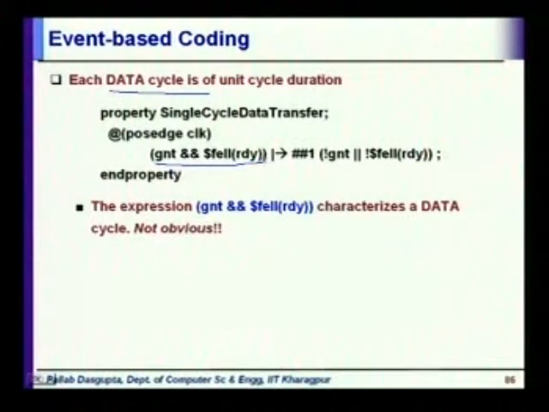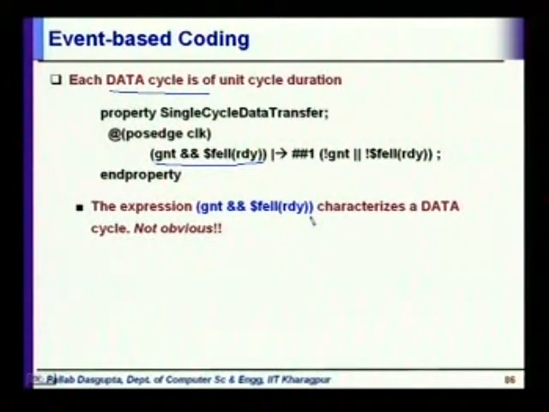If this is the characterizing predicate for data cycle, then if this holds, in the next cycle not of this will hold. So not of this is not grant or not of $fell ready. Okay. So data cycle implies ##1 not data cycle, right. Now is it obvious that this actually represents data cycle? Not obvious at all, right.